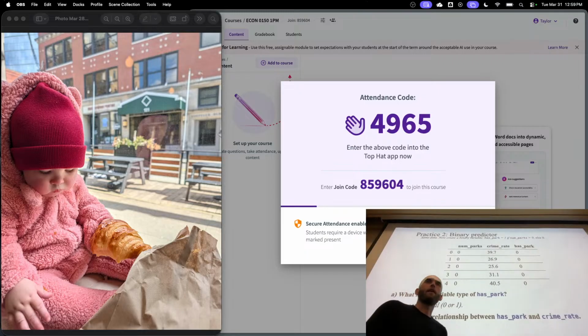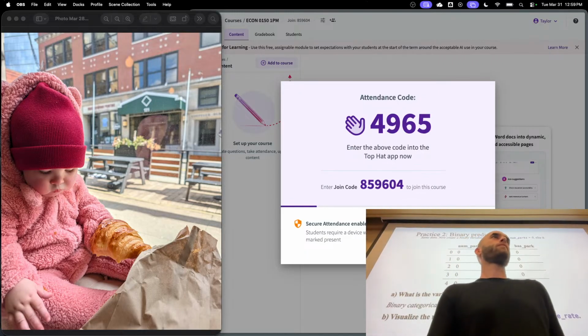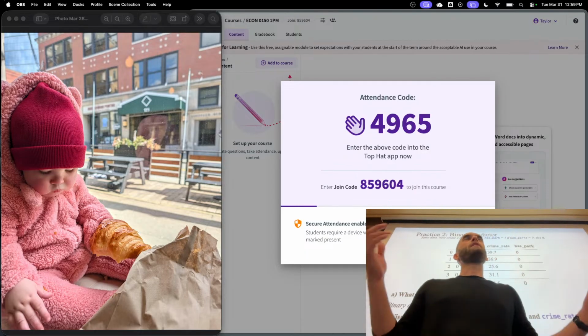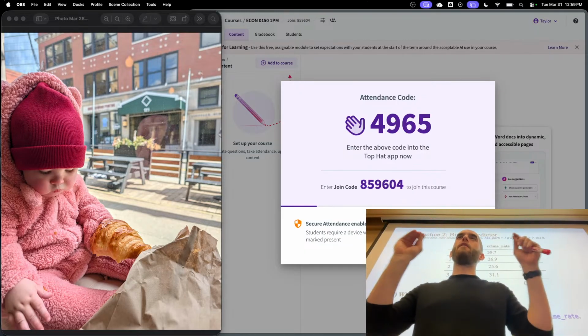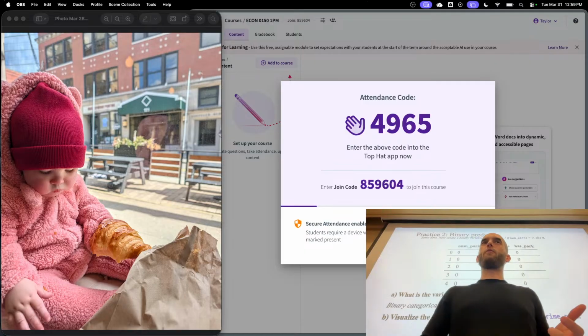Okay, what do y'all think? Is that enough time? So yeah, if we had 2 numerical variables, we could use a scatter plot, and then we could color them differently if we had a binary categorical variable like this.